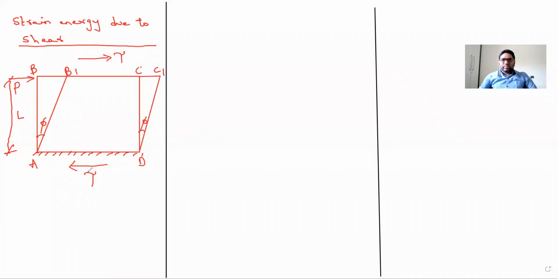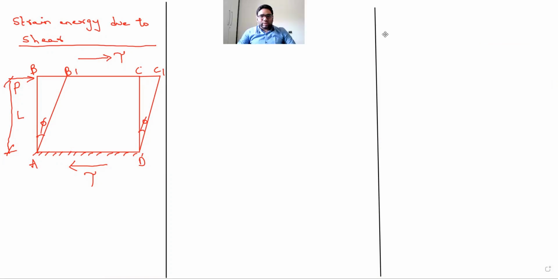We will be trying to use a similar concept with a body subjected to load, and because of that load there is a shear stress tau. Because of the presence of shear stress in a body, how do we derive the expression for the strain energy? This is something that we will try to see here.